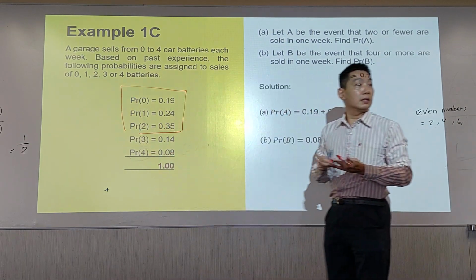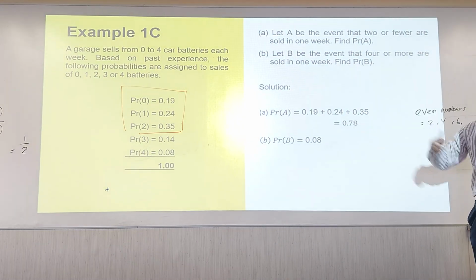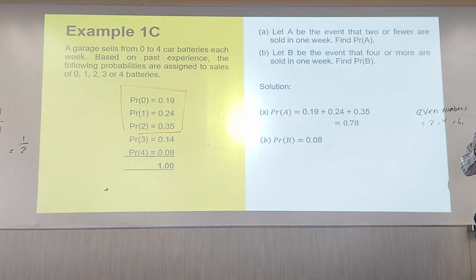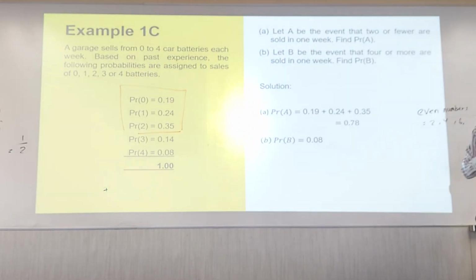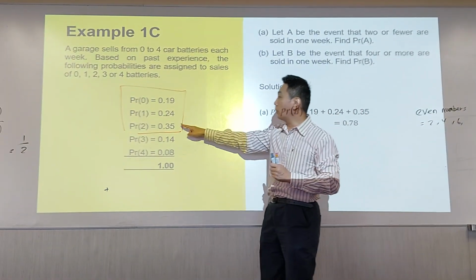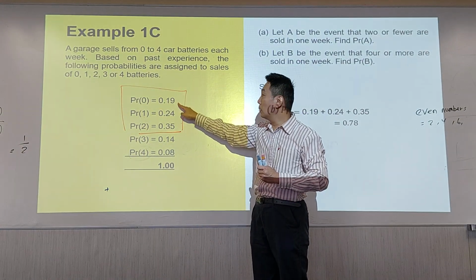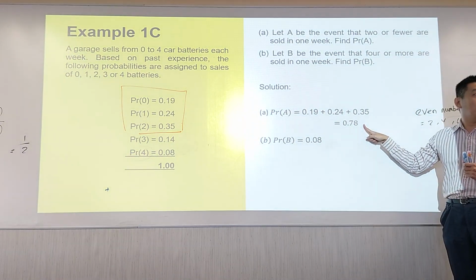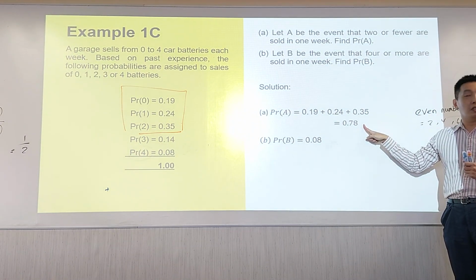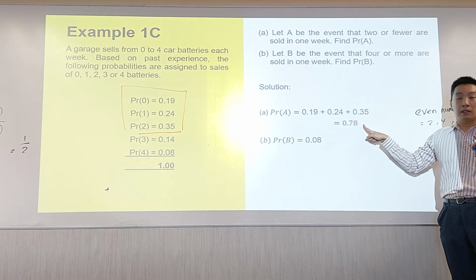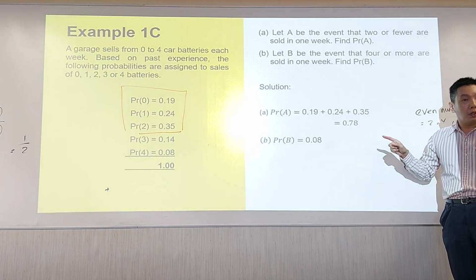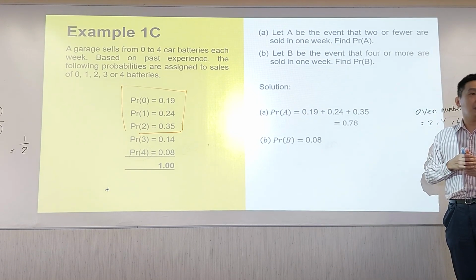These three events have car battery sales less than or equal to 2. So the solution will be 0.35 plus 0.24 plus 0.19. You get 0.78. So that means 78% of the car battery sales per week for this company will be 2 or fewer. 78%.